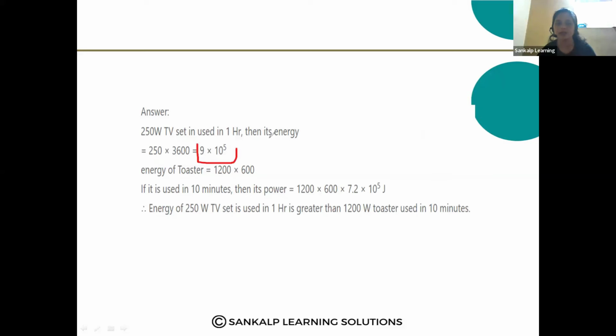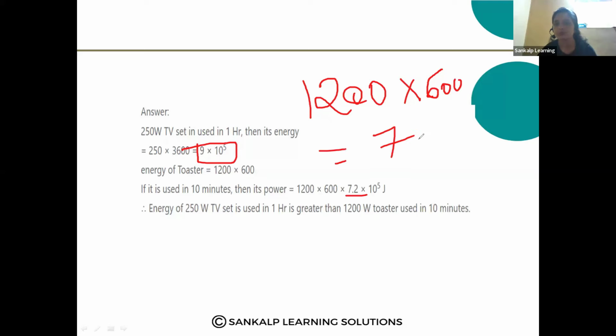And the other one, the toaster, is using 1200 watt power for 10 minutes. How do you convert the 10 minutes into seconds? In 10 minutes, how many seconds will be there? That is 600, right? Then 1200 into 600, that is 7,20,000. They have written like this, 7.2 into 10 raised to 5.